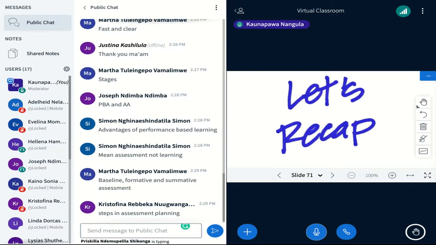The last aspect that we have looked at is what you need to consider when you are planning and implementing the assessment. So that we have covered in Unit 4. All right. And the steps of assessment, yes, those are the last part that we have covered. So that's all that we have covered.